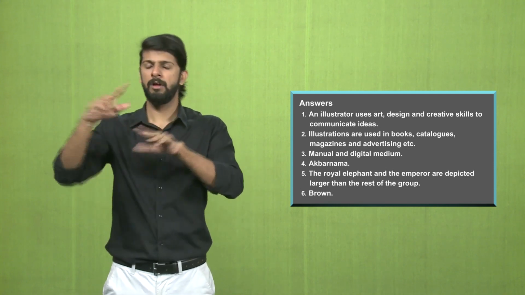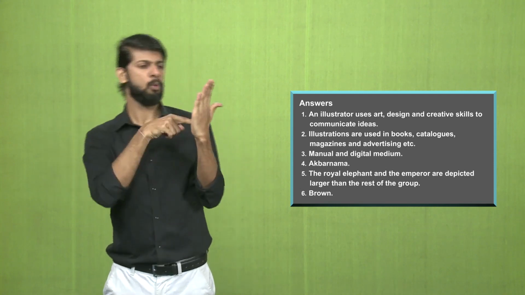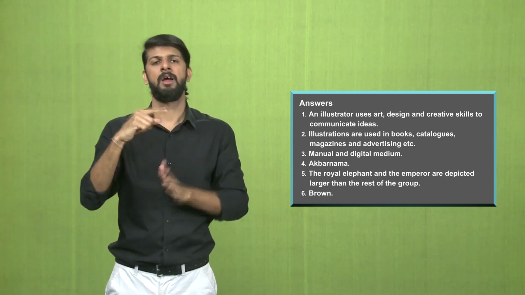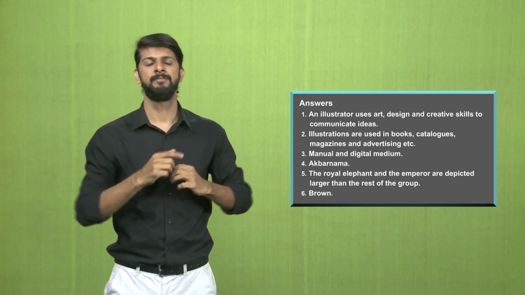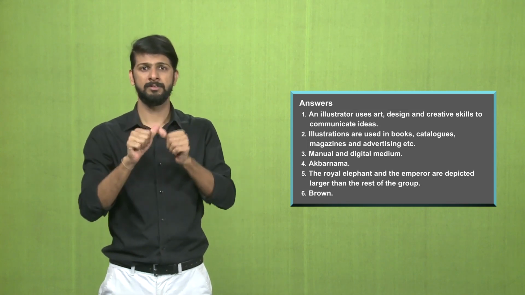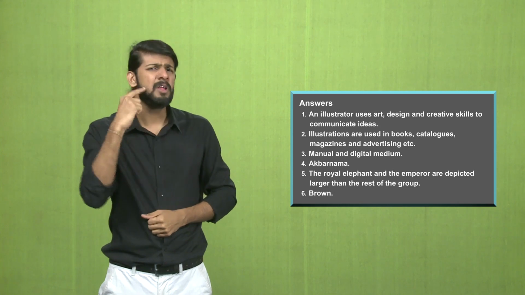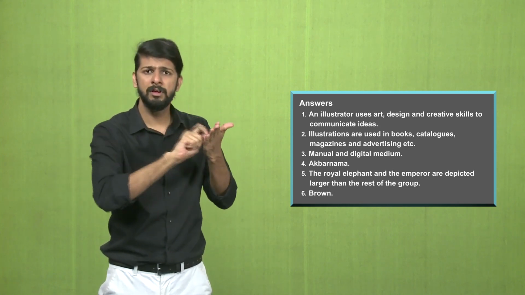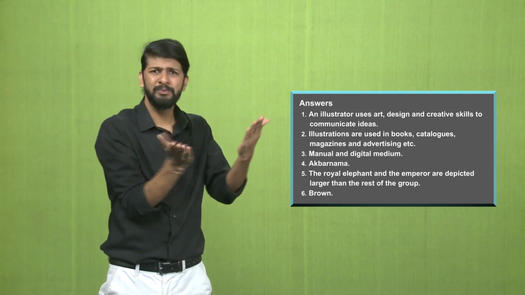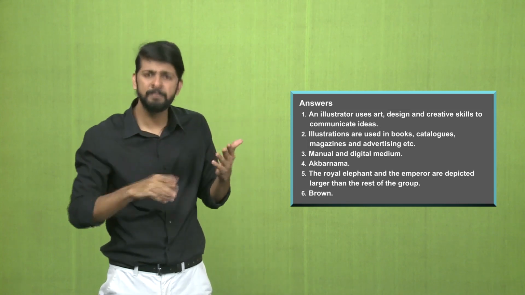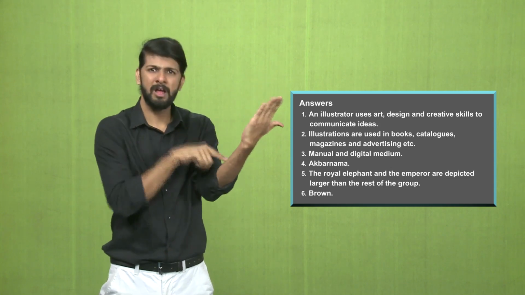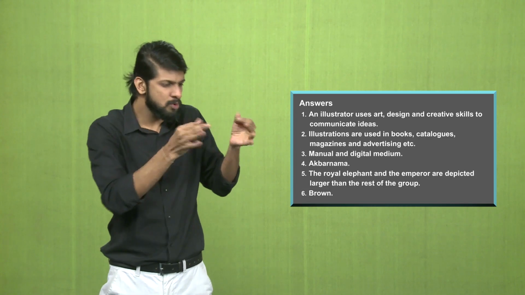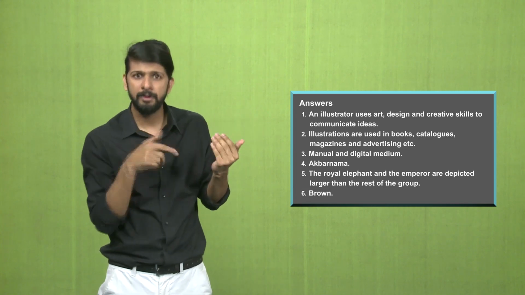These become ideas for illustrators to communicate important ideas and impact the thinking of people. Answer number 2. Illustrations are used in books, in catalogs, in magazines and advertising, etc.